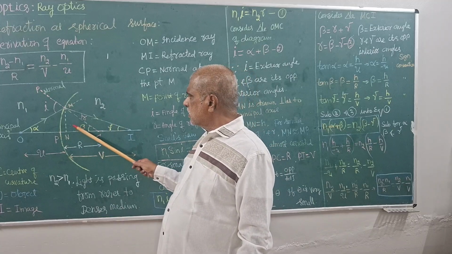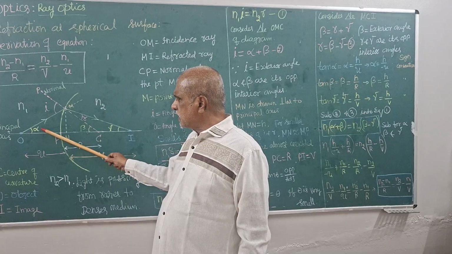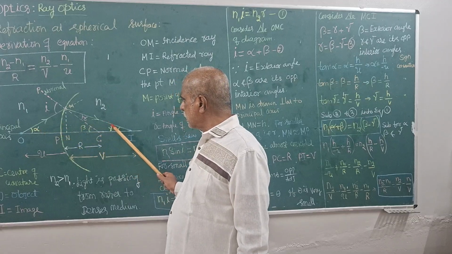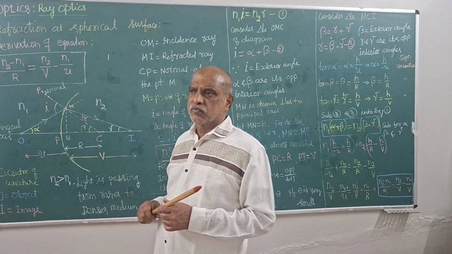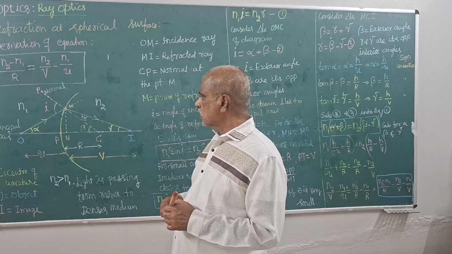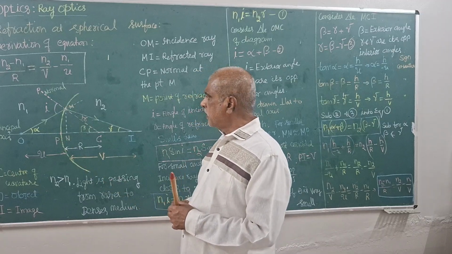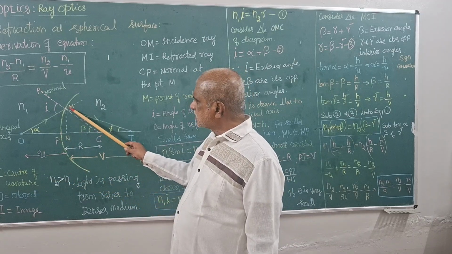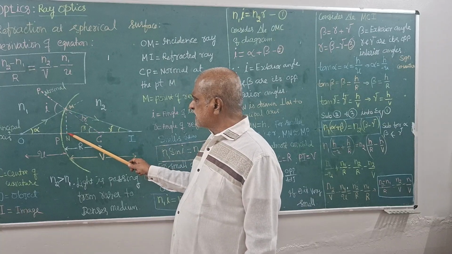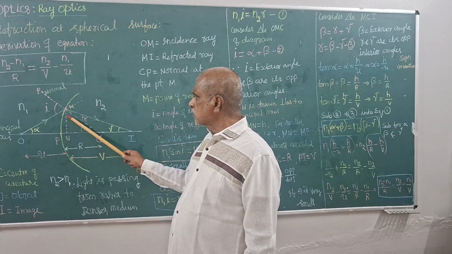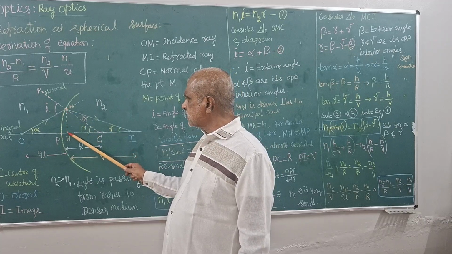Now we shall express these angles alpha, beta and gamma as ratios of the sides of a triangle, by drawing a perpendicular straight line from this point to the principal axis, like this.